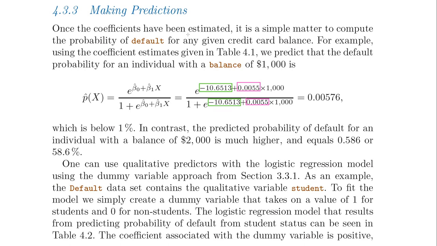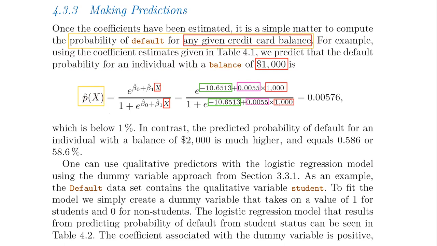So we're taking, for example, $1,000, and we're going to calculate the probability of default given that balance. Of course, with the hat, this is just an estimate.